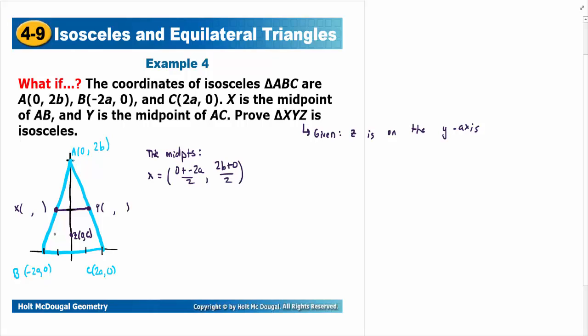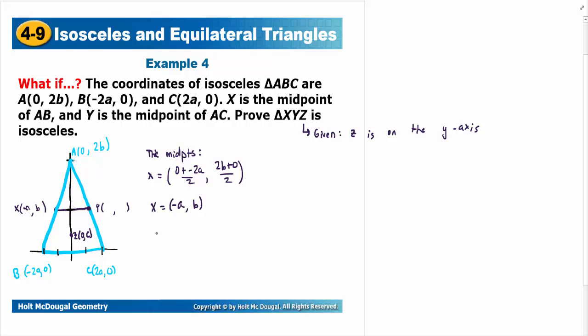I'm adding the x's and the y's. So X equals negative 2a over 2, so negative a, and this is 2b over 2. The 2's cancel, and I get b. So I get (negative a, b).